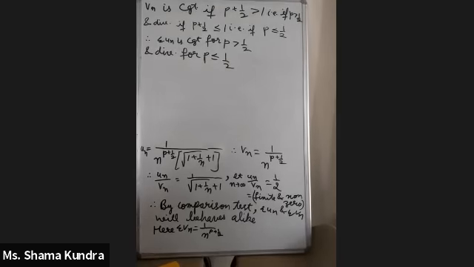In brief, what are the steps for comparison test? In comparison test, first you have to consider the given series as un. In un, you have to convert all n terms into fractions like 1 by n by taking higher powers of n common.